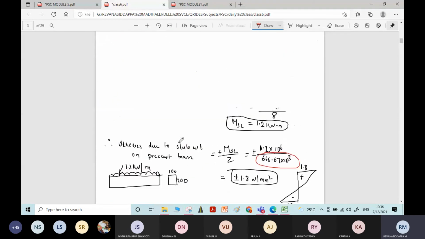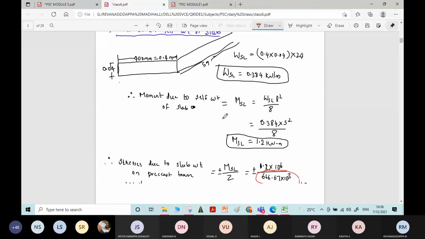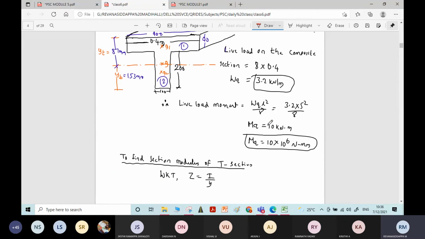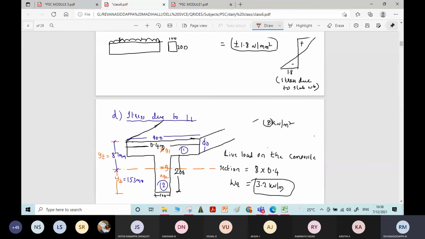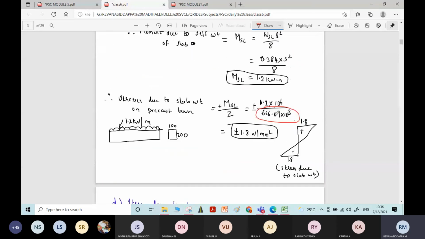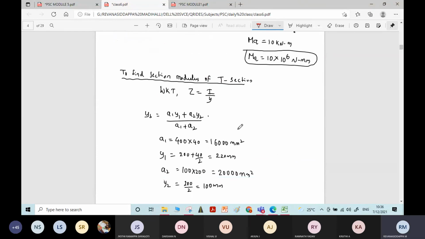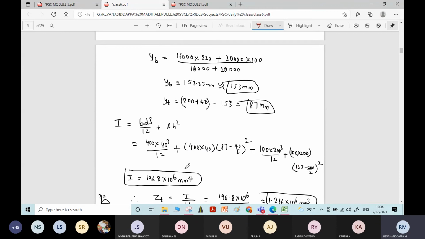But for propped construction, we have to take section modulus of the whole T section. How much do we have to take? Z is equal to this ZT and ZB that are there, no? That we have to take.